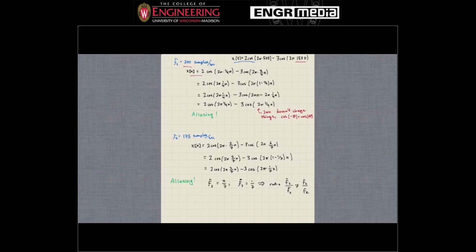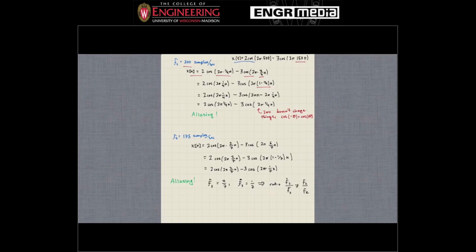The first term we'll just leave for now, but for the second term, we're going to play the same trick. And instead of writing 3/4, I'm going to rewrite 3/4 as 1 minus 1/4. Okay? And now I have 2 cosines: a cosine at a digital frequency of 1/4 and a cosine at a digital frequency of 1 minus 1/4.